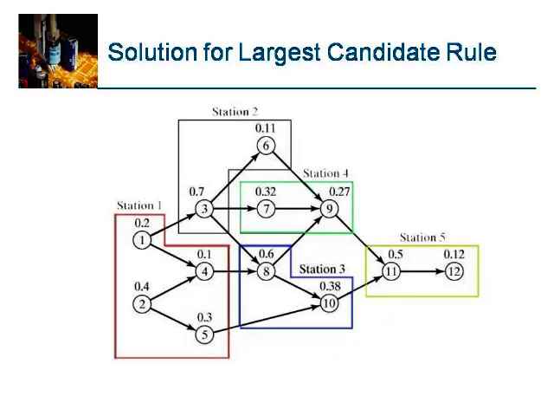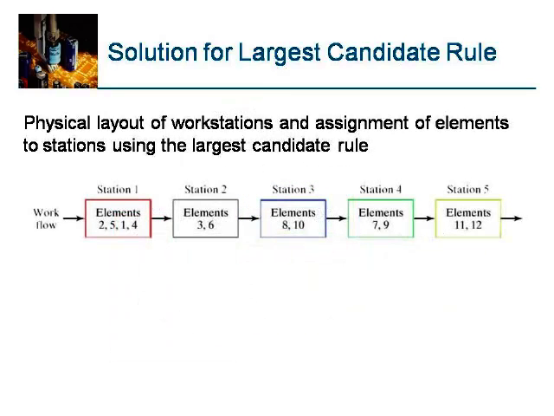If you take the total time here, for station 2 it is 0.81, and for station 3 it is 0.98, and like that for all the stations we can calculate. Station 1 has elements 2, 5, 1, 4, station 2 has 3, 6, and station 3 has 8, 10. Station 4 has elements 7, 9 assigned, and elements 11, 12 are assigned to station 5.